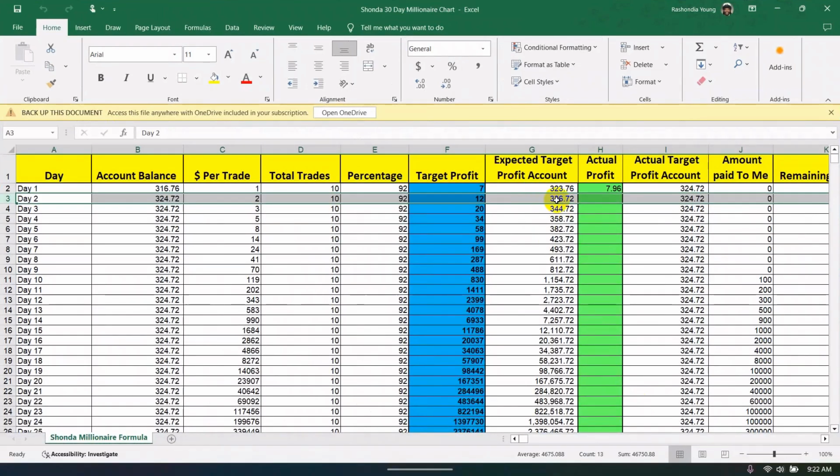Okay, we didn't hit the target. And that is okay. Tomorrow is a brand new day when we can get ourselves together and do what we are supposed to do and what we know to do, the right thing, when we are in our trading live account, Shonda.